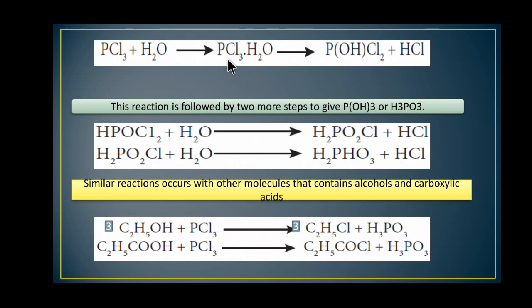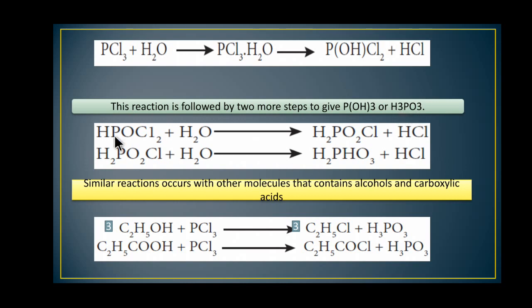Phosphorus trichloride is hydrated to form an intermediate and gives a coordination compound. The vacant d orbital forms a coordination compound like an intermediate and gives excess HCl. And this reaction is followed by 2 more steps to give H3PO3, a phosphorus acid.